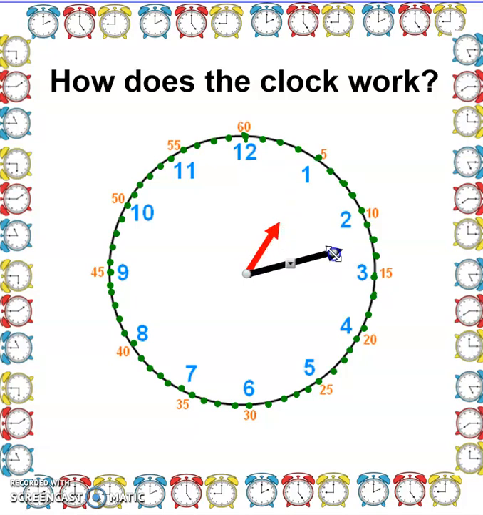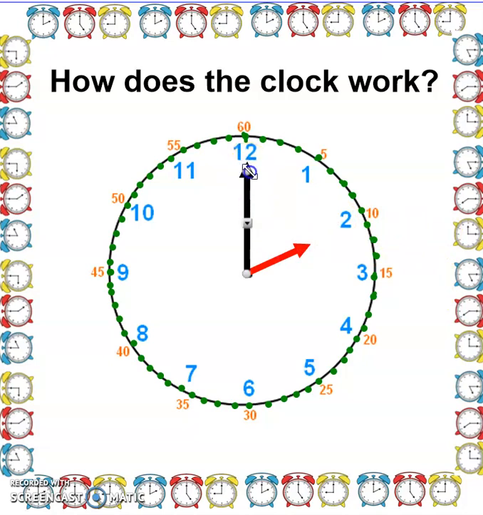It keeps moving until it gets to 55, 56, 57, 58, 59, and 60. When it gets to this place, what happens to the hour hand? It moves, and we have 2 o'clock. Can you see that?